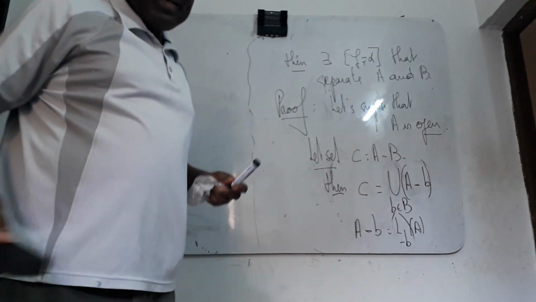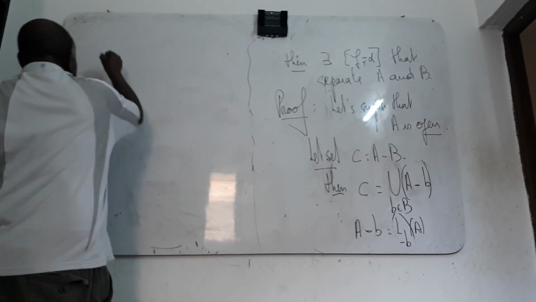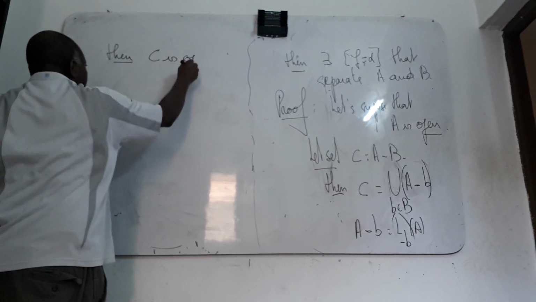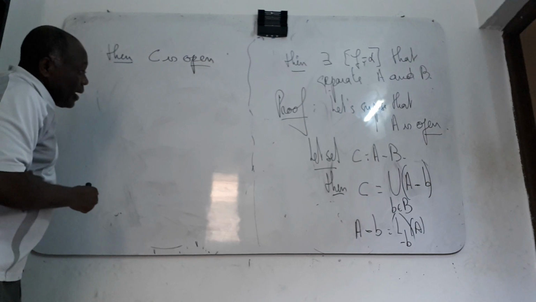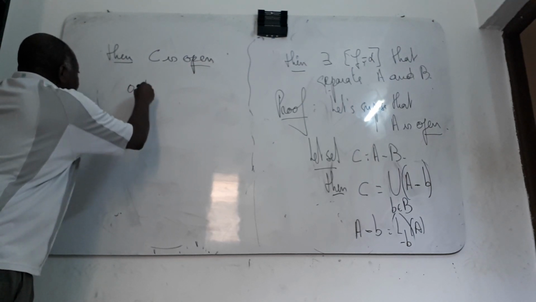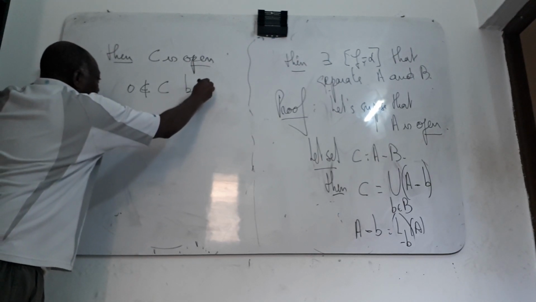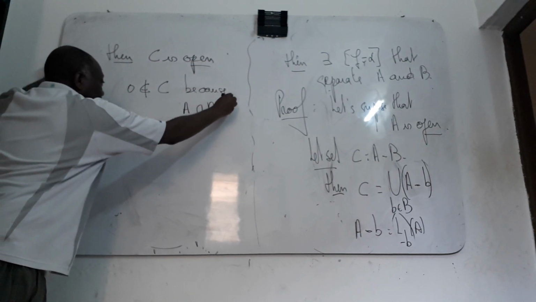Then C is open. And also, 0 is not an element of C, because the intersection of A and B is empty.